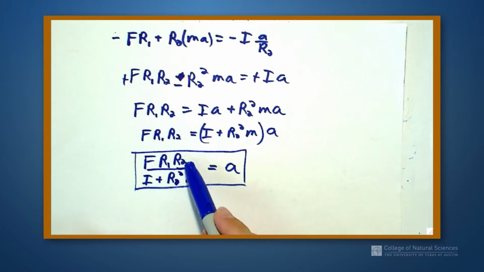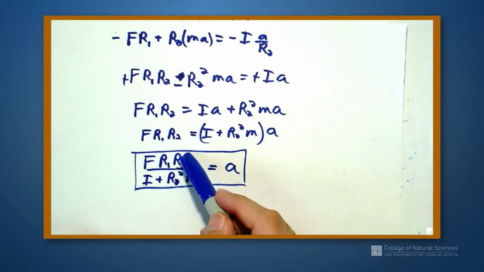If the radius of R2 increases, this is the one I really want to check, the torque that I'm going to be pulling with is going to increase. It's going to be moving at a faster rate, so that's great.